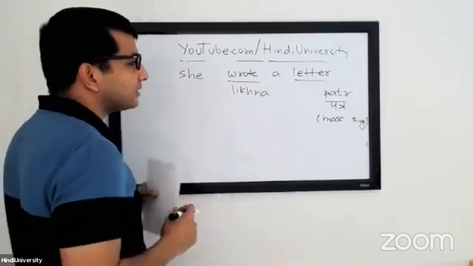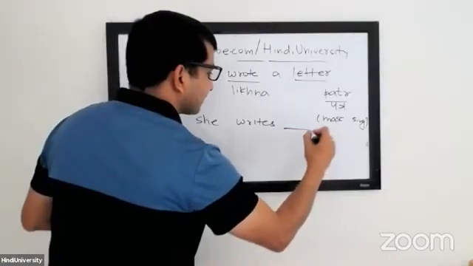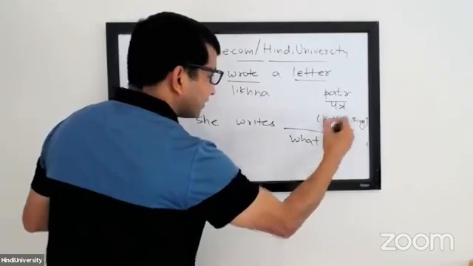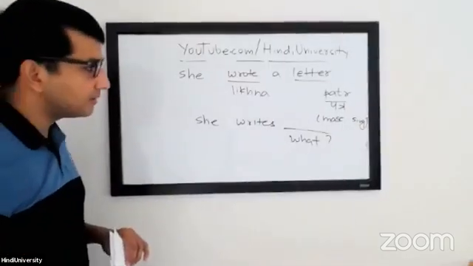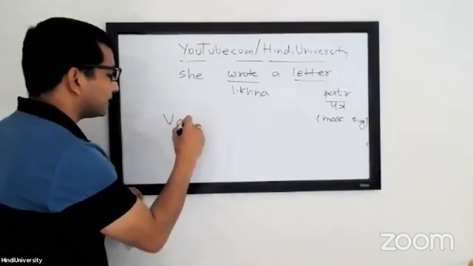How do I know which verb it is? Because you write something. You can say she writes something, or she writes what, and you get the answer later. So you're saying it's a transitive verb. Yes. So usne, वह plus ne.